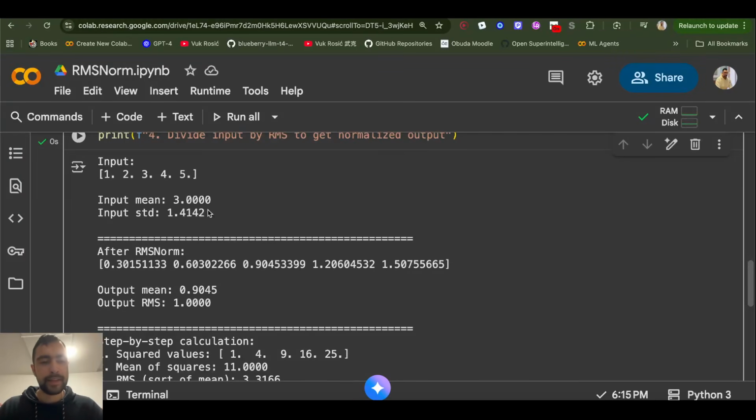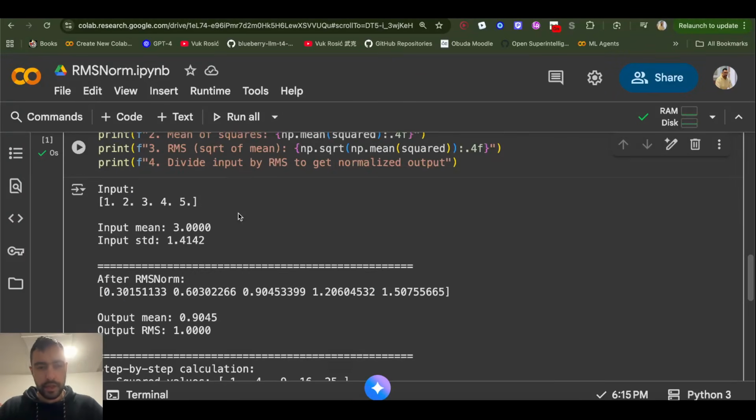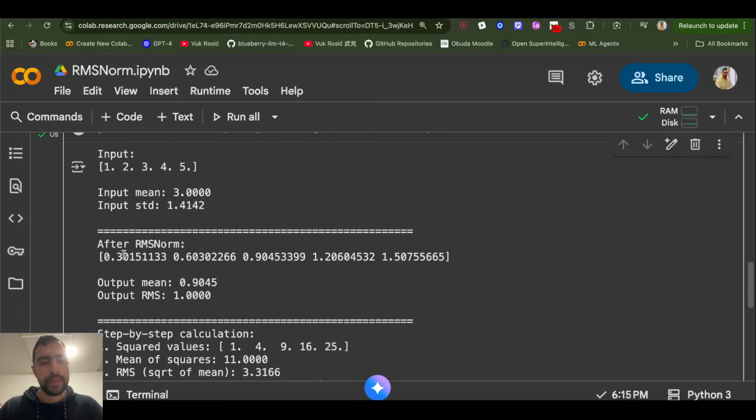And you'll see here that after we apply RMS norm to this vector, this is the vector that we will get. And it goes from 0.3 to 1.5. So the purpose of RMS norm is to make all of these values kind of close to 1, so in neural networks they don't become too small or too big, so we avoid vanishing gradients and exploding gradients.